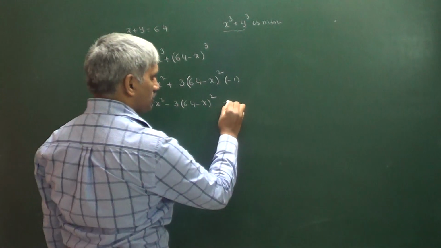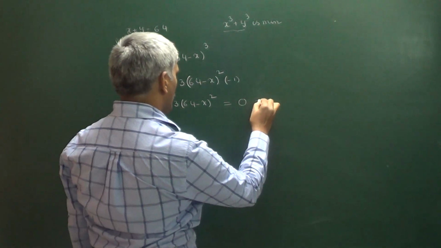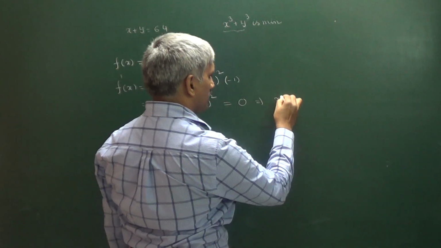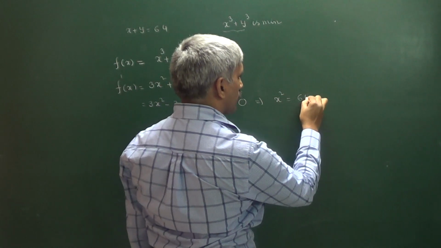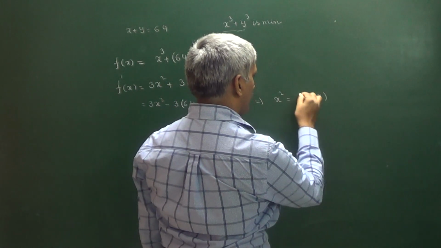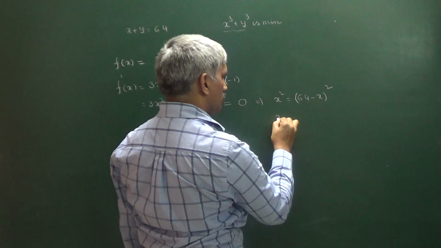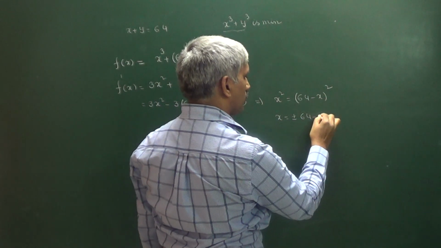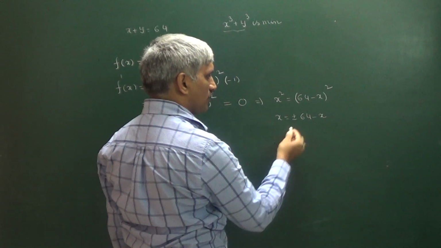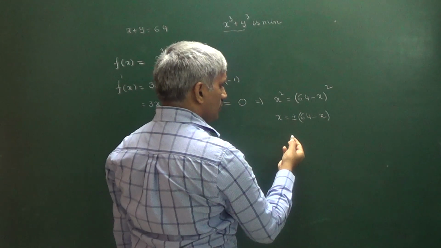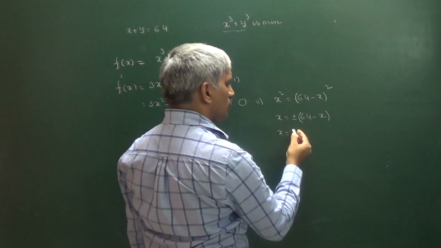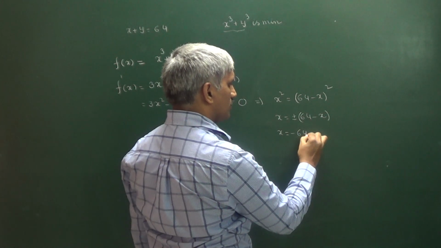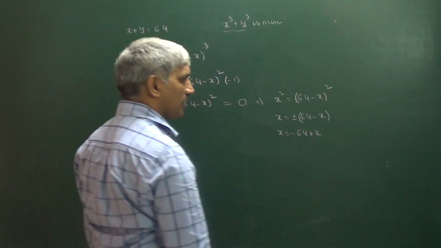Now the differentiation equated to 0, then what happens? x square is equal to (64 minus x) whole square. You will get x is equal to plus or minus (64 minus x). Therefore x is equal to minus 64 plus x, one possibility.